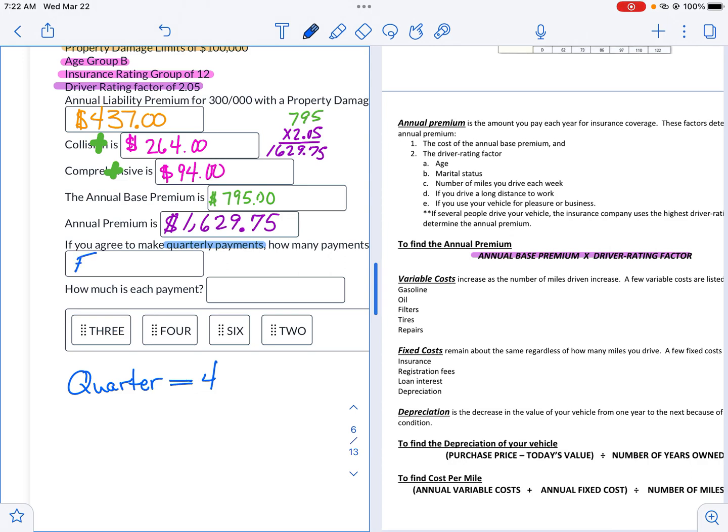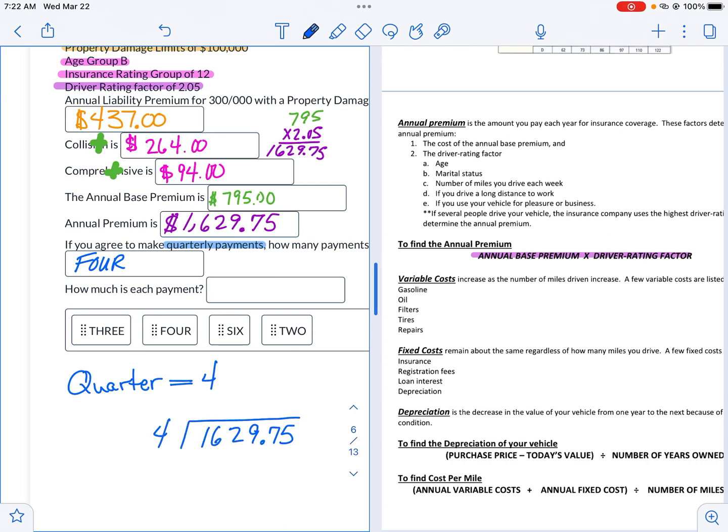So we're going to take that $1,629.75, and we are going to divide it by the number 4.